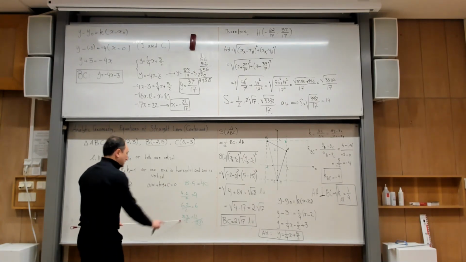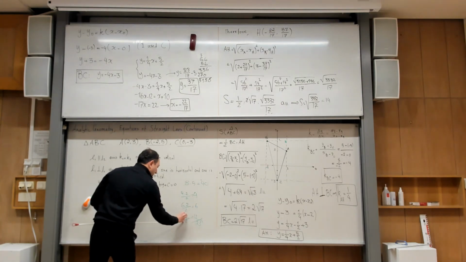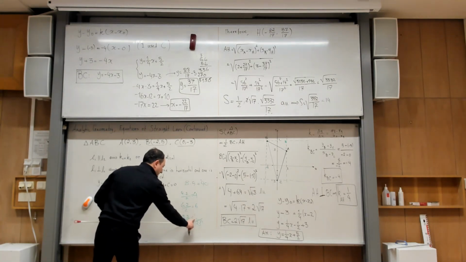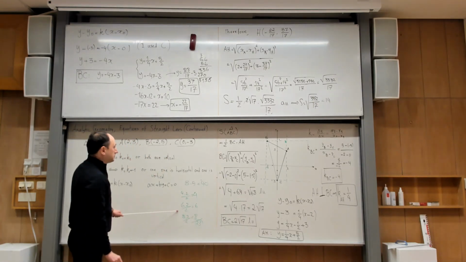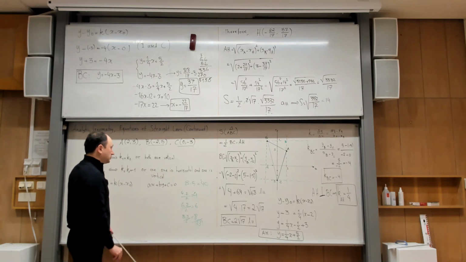This is 2, so this is 8. And this one is 2, and that is how much? 6. No, it doesn't work. It's even worse now. We're just getting lower and lower.